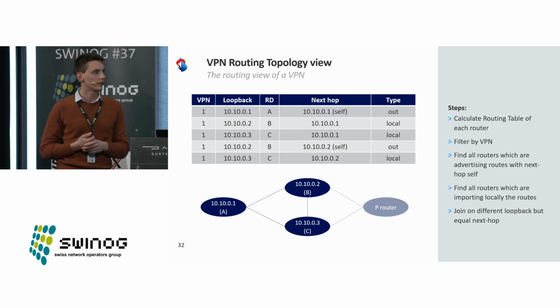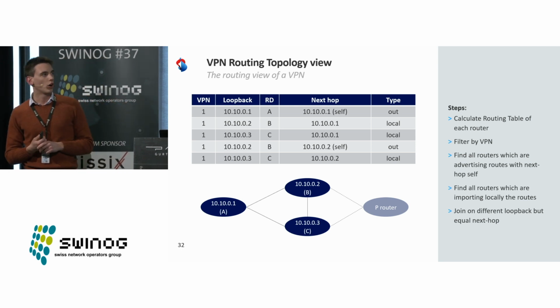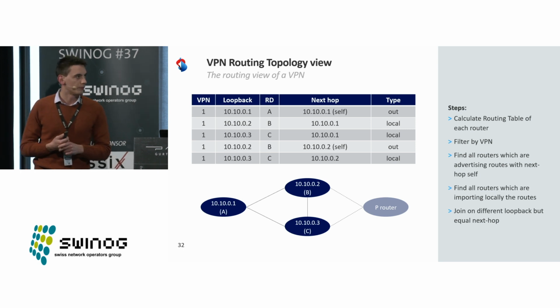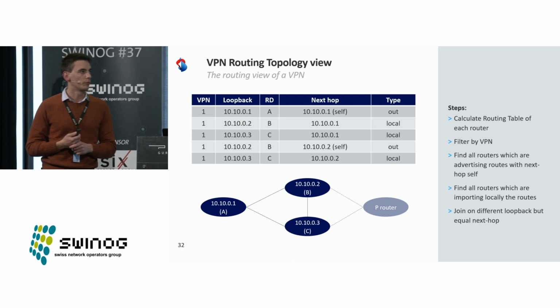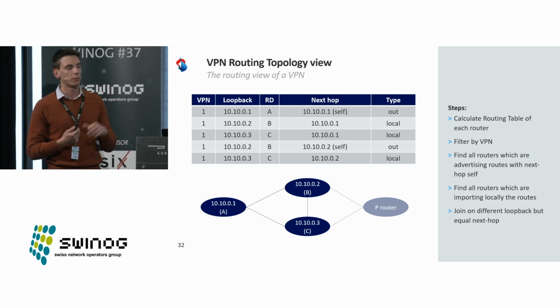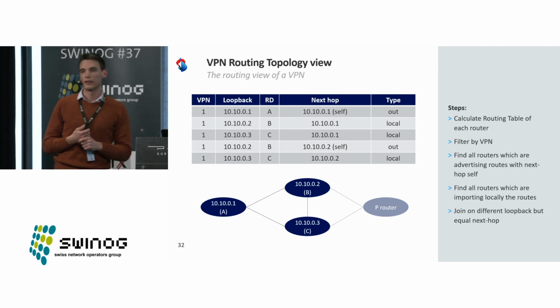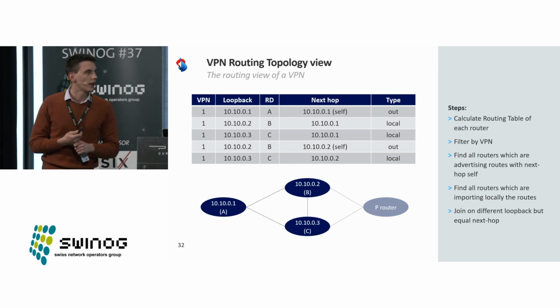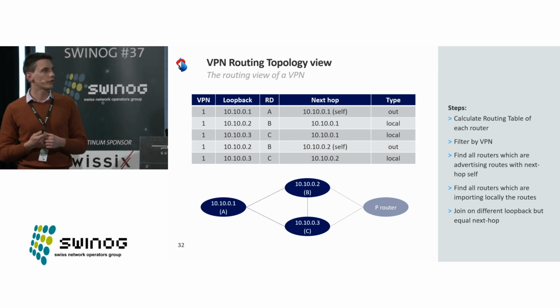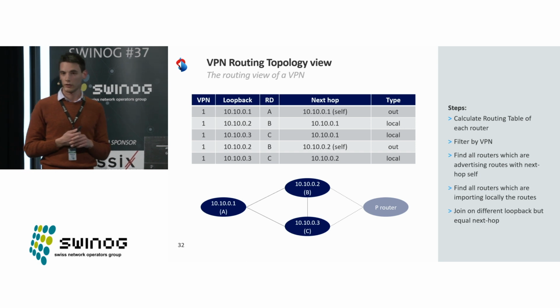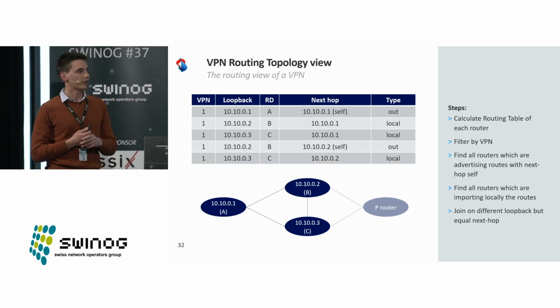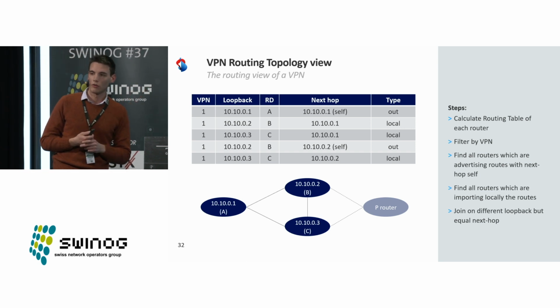The second one is basically where we want to know when the next hop is not ourself. So loopback and next hop must be different, and the type must be local, so that we know that we install the route locally in our RIB. And then you can join the two tables on the same next hop, but different loopbacks, and now you basically have the routing of your VPN.